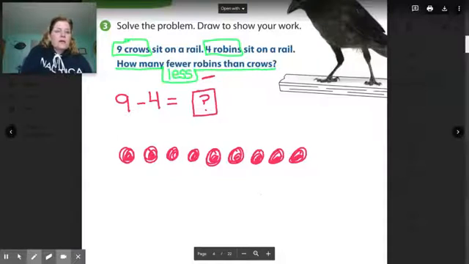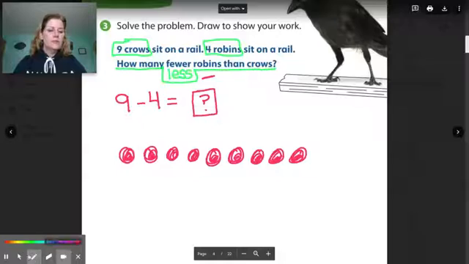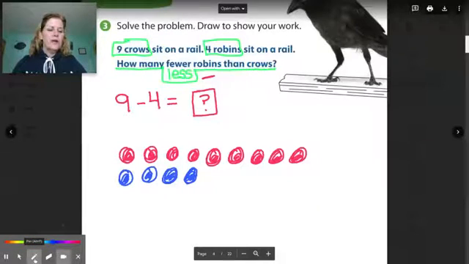And you're right, I didn't, because it's not that kind of problem where we need to keep track of our 5 groups right now. So we just need to make sure that we write our circles or whatever our shapes are neatly and that we stack them. So I have my 9 crows, and I have 4 robins. I'm going to make my robins blue. I think their eggs are blue. 1, 2, 3, 4.